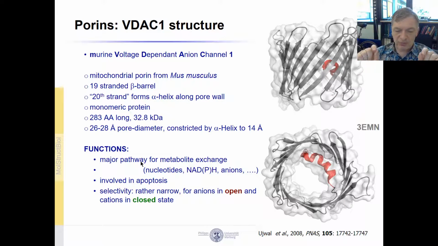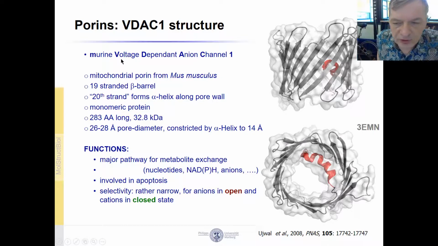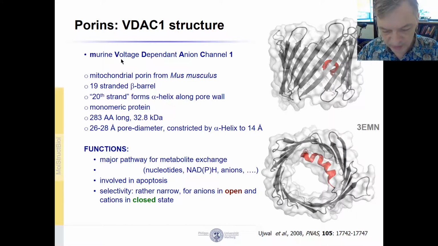So the role of this protein is to make the holes in the outer membrane of the mitochondrion and to allow the passage of these compounds. It's called VDAC, very strangely, voltage-dependent anion channel 1, because people found that it's weakly anion selective and that one can change the conductance by applying an electric field to the membrane.